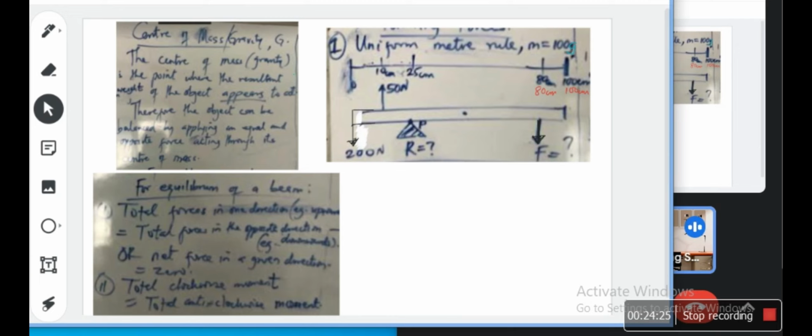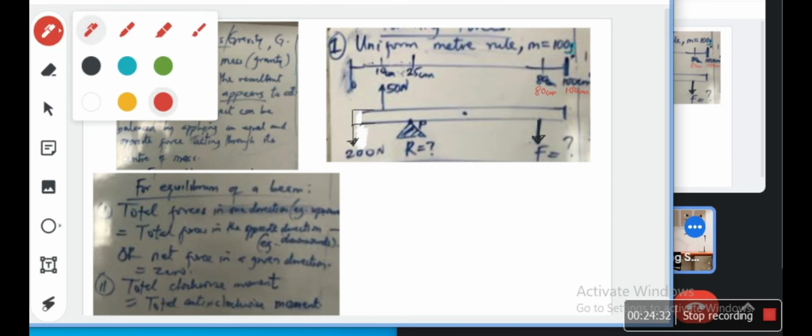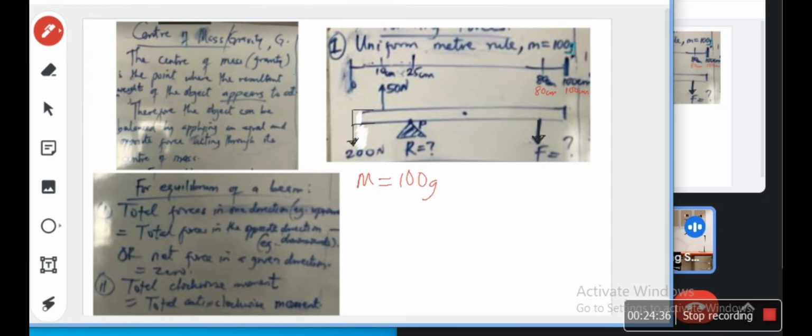Mass is in the SI unit, kilogram. So 100 grams in kilogram is what? 100 over 1,000, isn't it? That gives you 0.1. Am I right? So what's the weight?